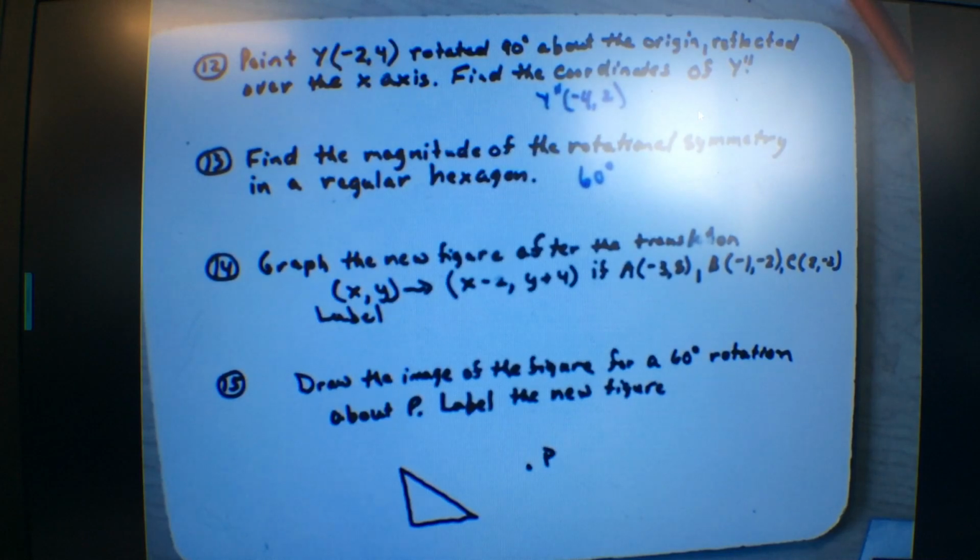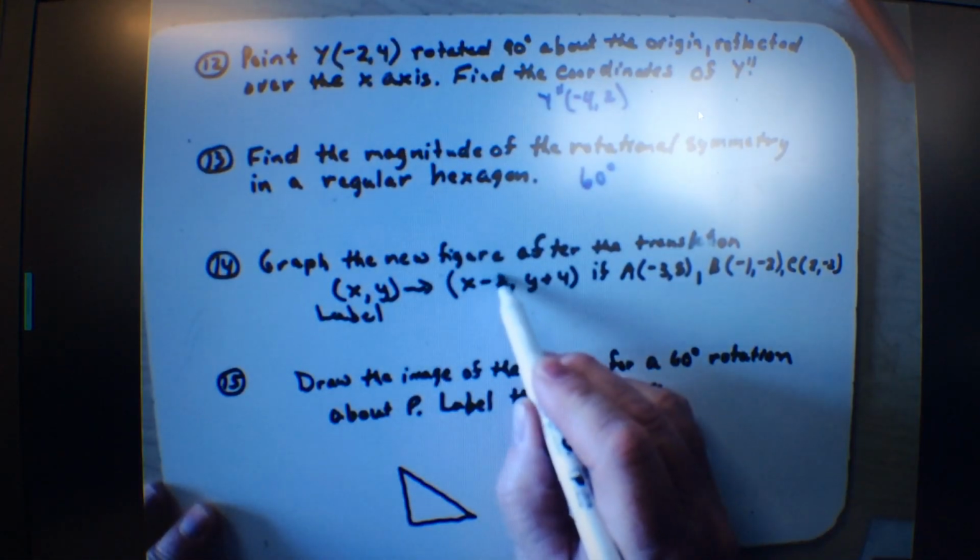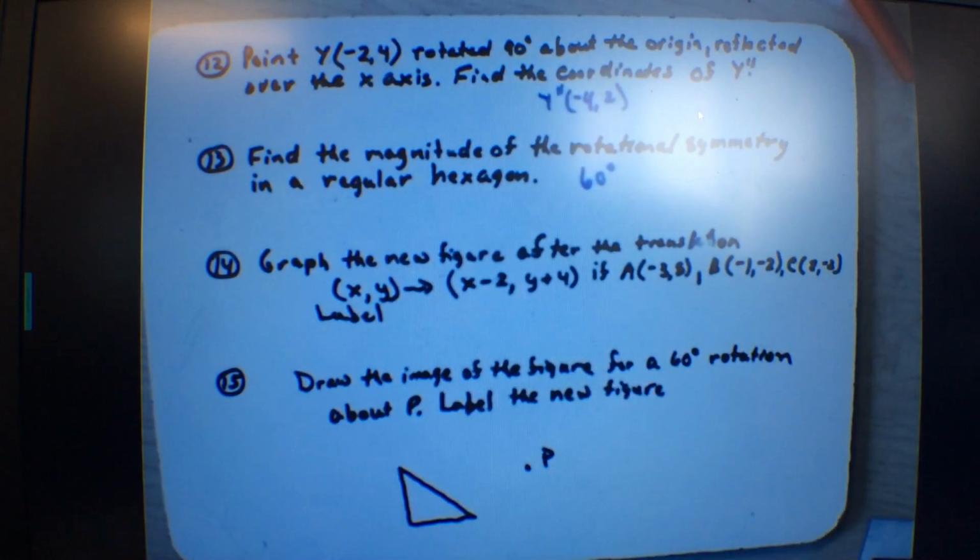So it'd be negative 1. It's x minus 2. So it'd be negative 5. What's C? Negative 5, 9. Could somebody just take A and move it 2 left and 4 up?